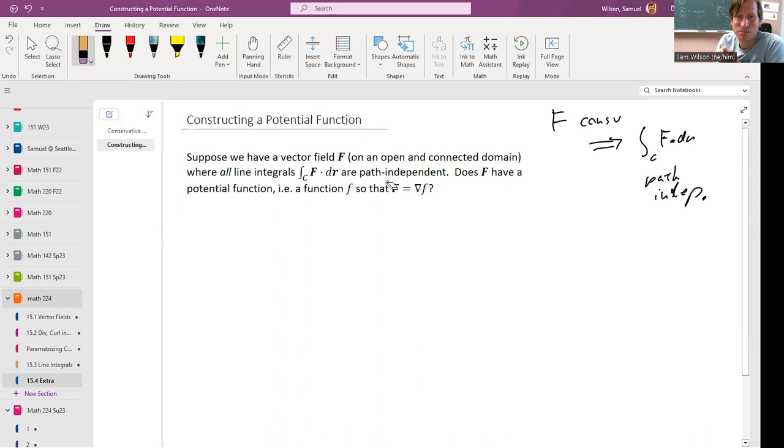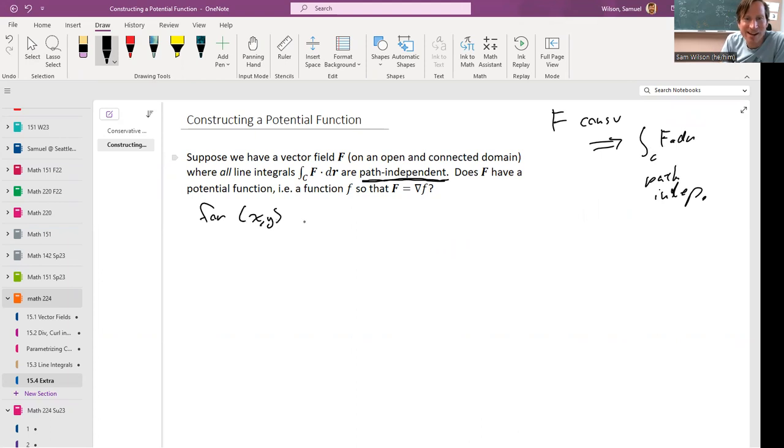We know that it has this special property that it's path independent, but we don't have formulas for capital F. So how could we hope to find a potential function for it? To define a potential function, we're going to have to use the only thing we know about the vector field, that it's path independent.